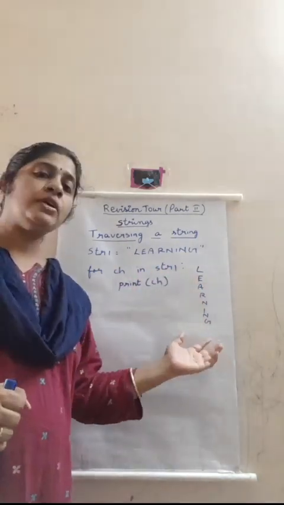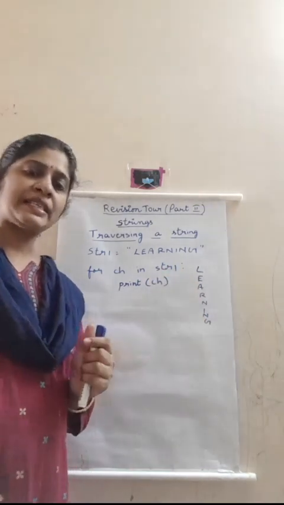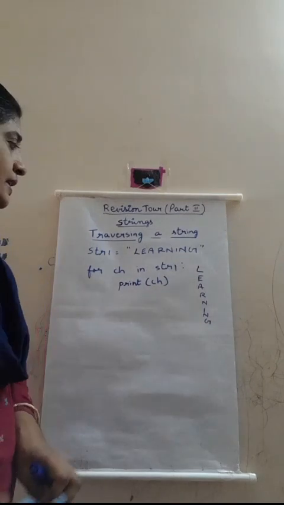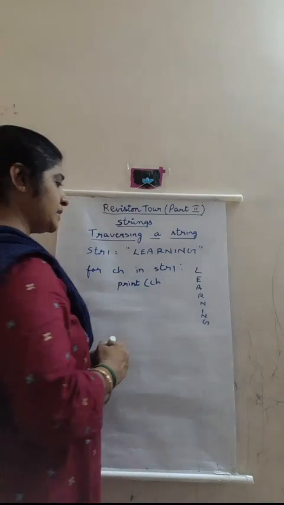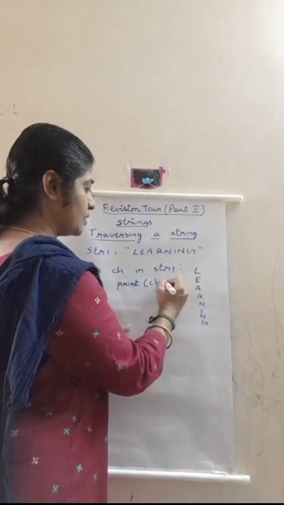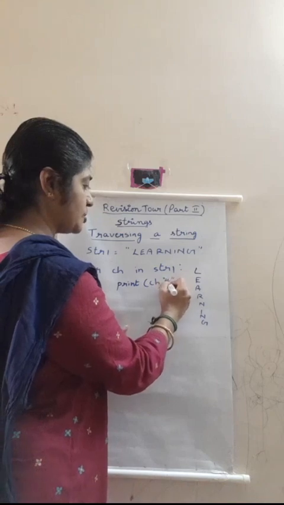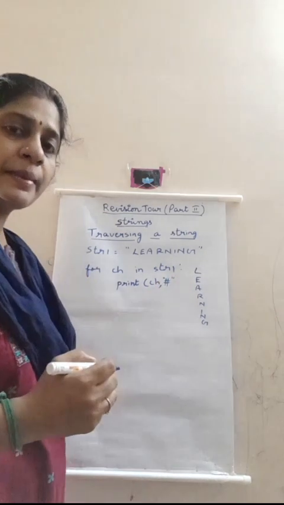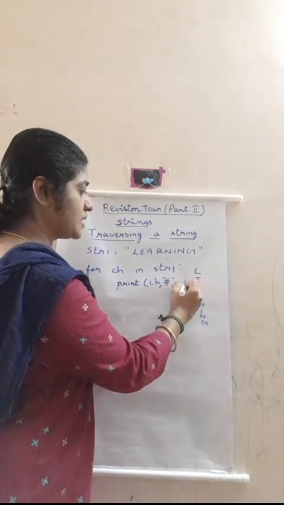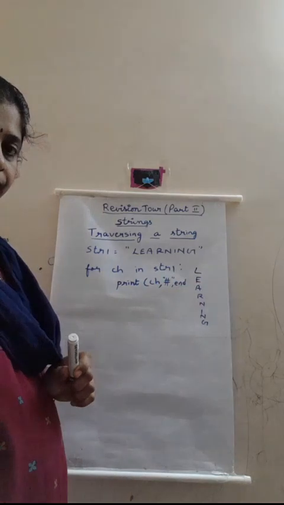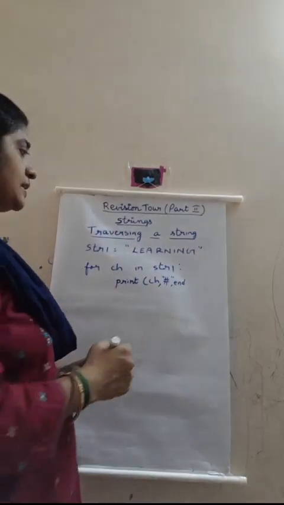Suppose you want to display the characters in the same line separated by some special character. Then what you can do is print ch, comma, I just write hash, I want to separate them with hash, comma, end. You have to use end.